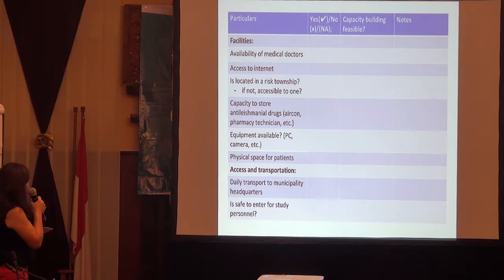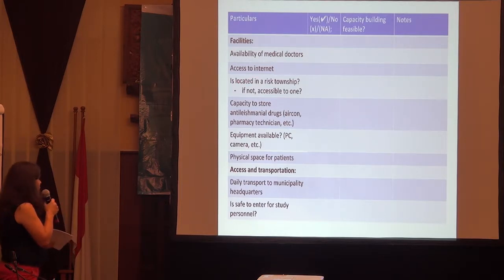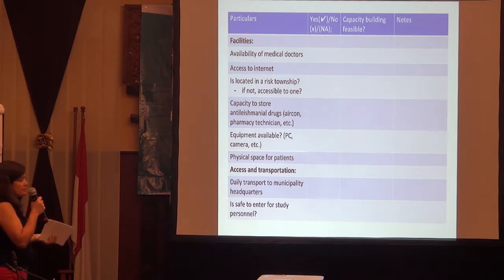In terms of facilities, we need availability of medical doctors and access to internet, which is important for us because we are working with apps. We need to know if the facility is located in the area where we are working, or if not, if it is possible to access.